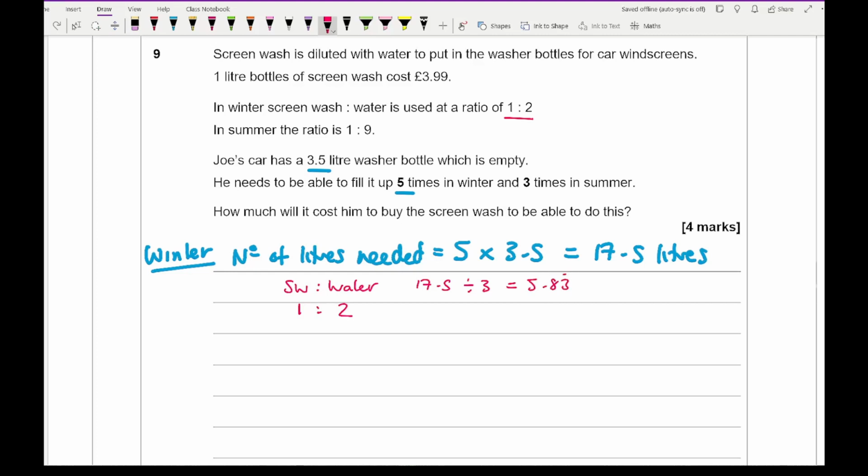So in the winter, I'm going to need 5.83 recurring litres of screen wash, and I'm going to need, although it doesn't really make a difference, 11.6 litres of water. But it's only the screen wash that I'm interested in, so I'm just going to highlight that.